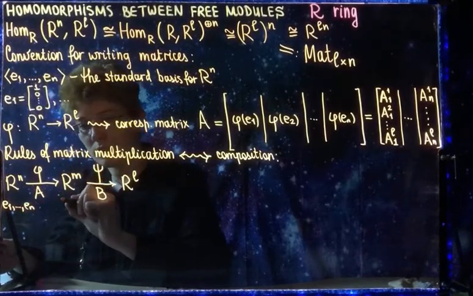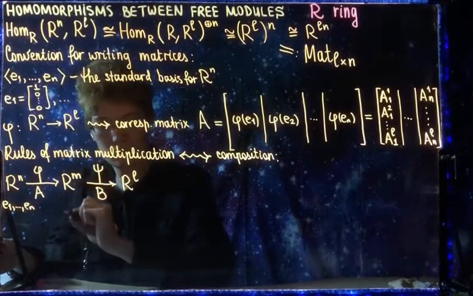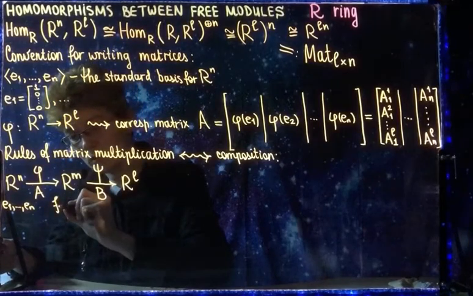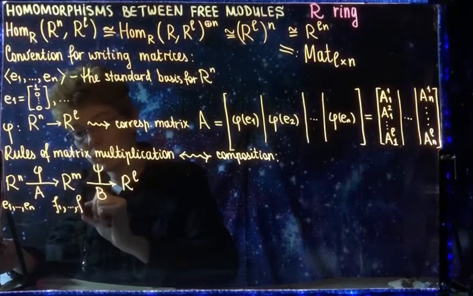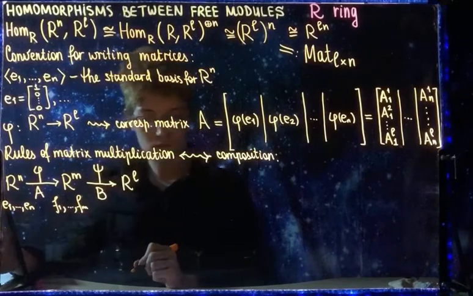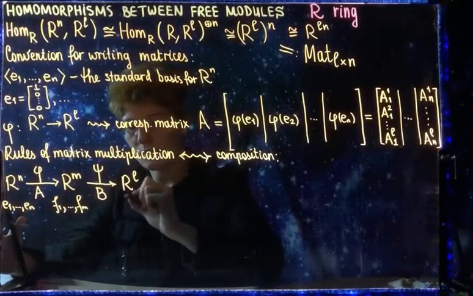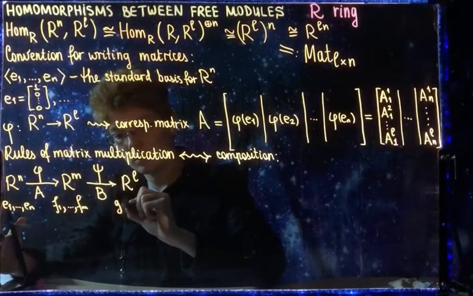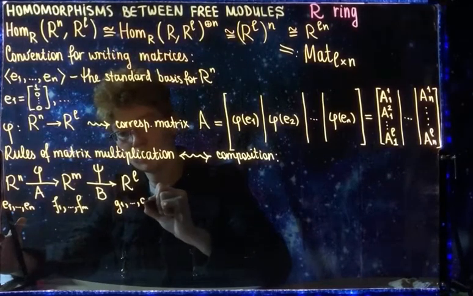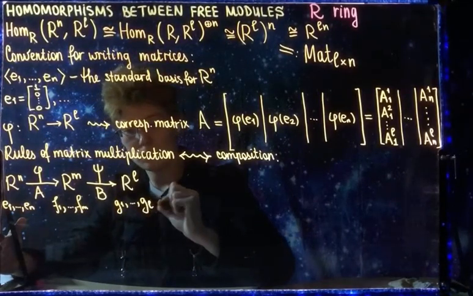The standard basis in Rm is F1 through Fm. And the standard basis in Rl is G1 through GL.